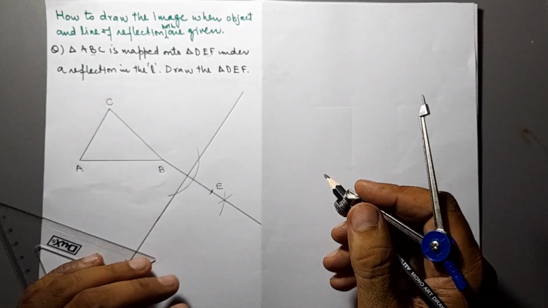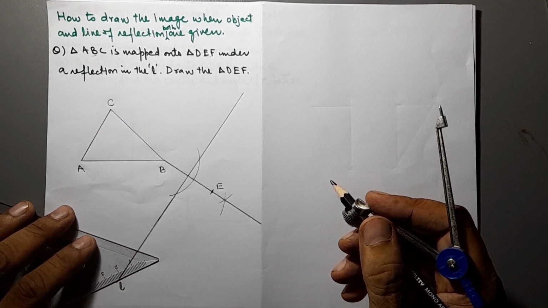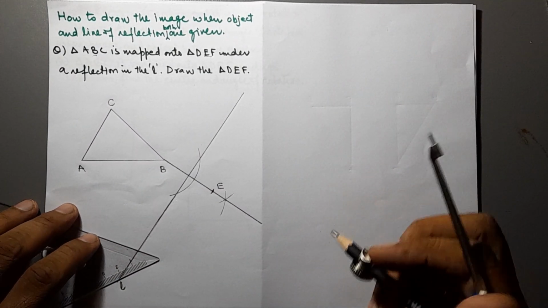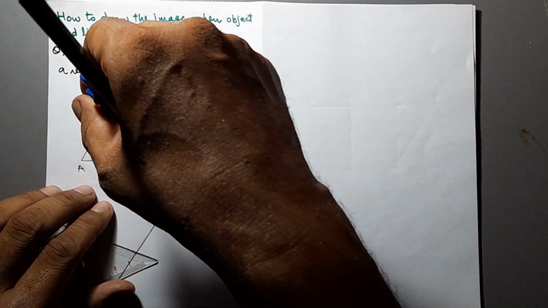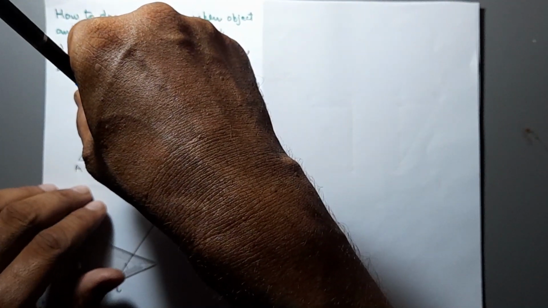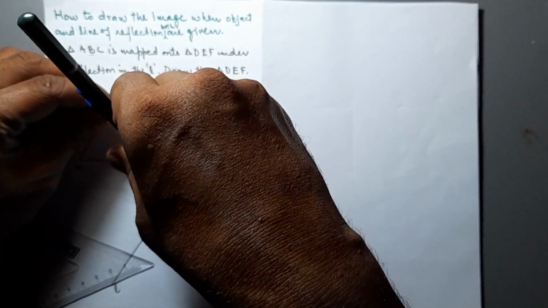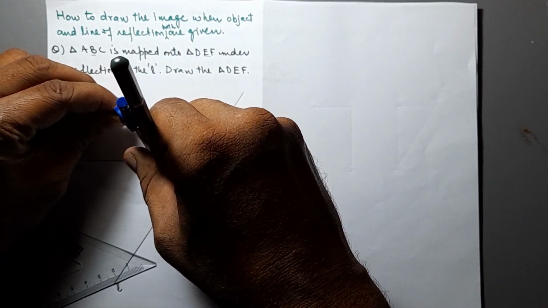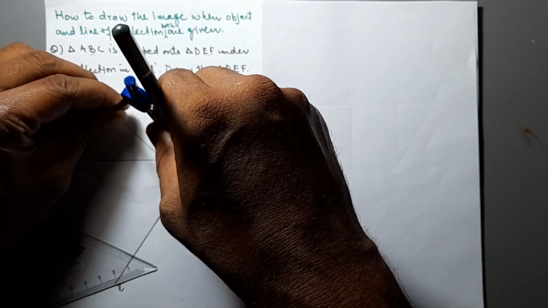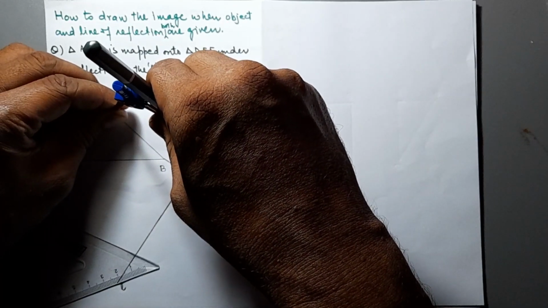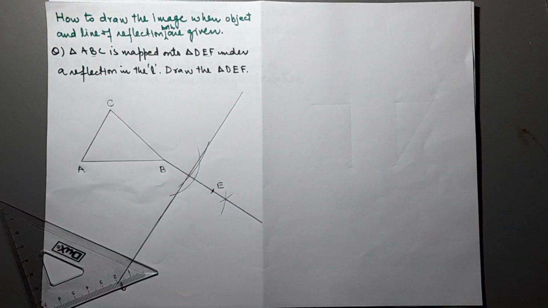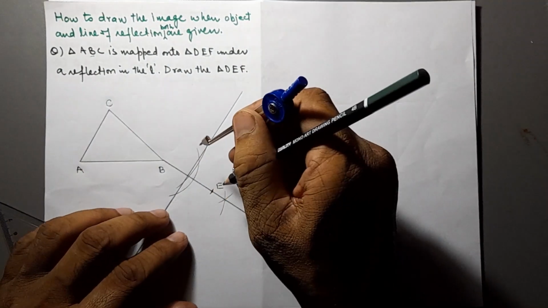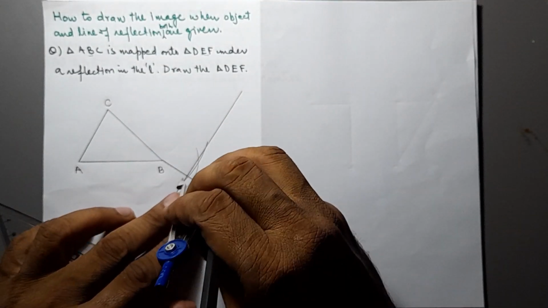Now we want to draw the image of C in this line. Now with center C, I will draw an arc on the line of reflection, and from these two points of intersection, I will draw two more arcs.